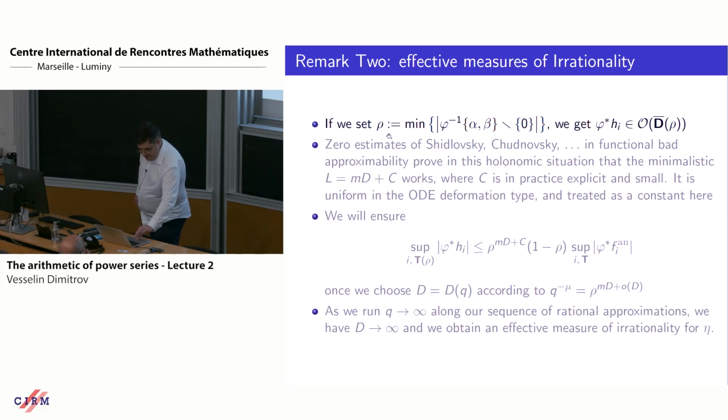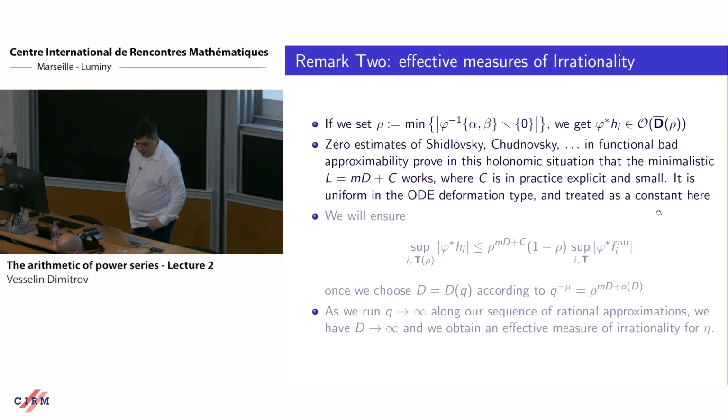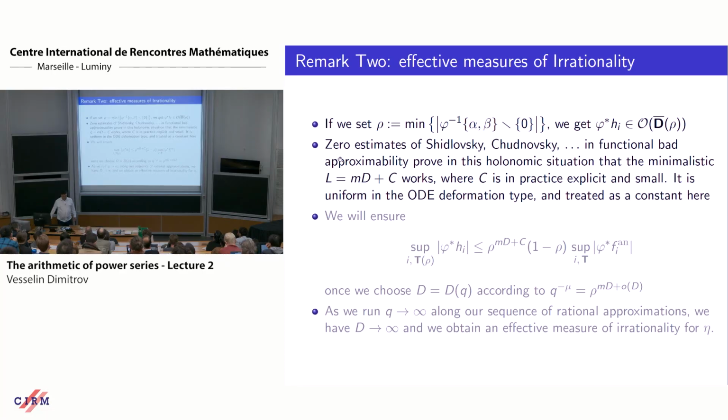If we set rho, which was the absolute value of the smallest non-zero singularity in the pre-image under phi, and we have this L from the function of bad approximability, basically as the zero estimate in the classical theory, which in practice, in this subject of holonomic functions, uses Siegel's lemma, in the prototype, Chudnovsky, Osgood, and others, so we have estimates of the form md plus c, where c is a constant that depends essentially only on the degrees, on the deformation type of the ODE.